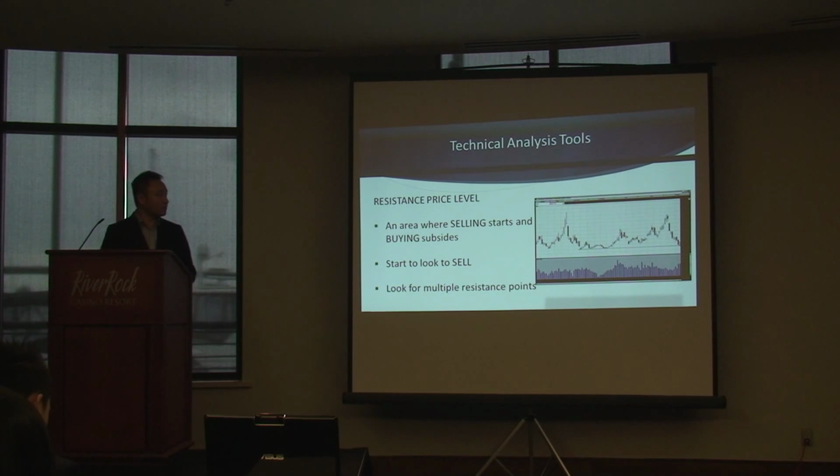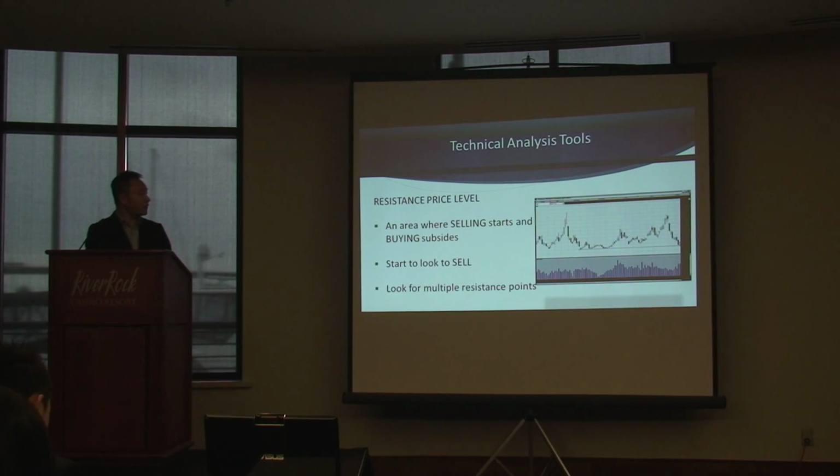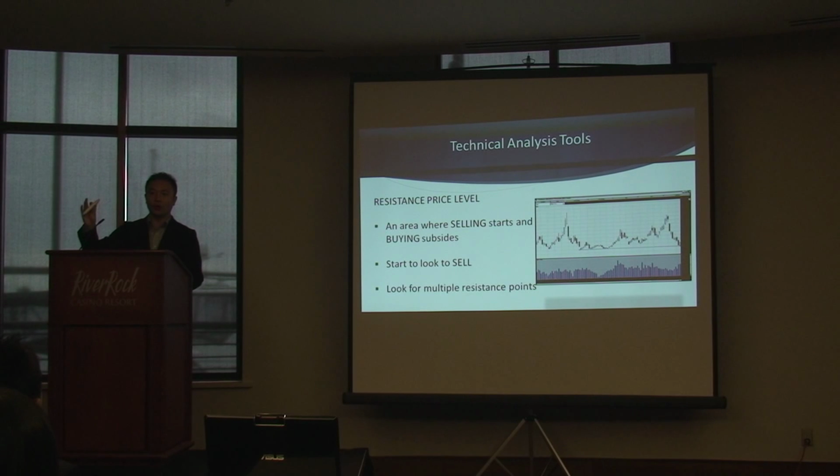Now, resistance level, oops, actually, I forgot to change the chart here. Resistance level is actually the opposite: an area where selling starts and buying subsides. So if you're holding a stock and you see that it reached the $50 level, tried to go through, couldn't, went back down, tried to go back up, hit $50 again and can't go up again, you know this is a resistance level.